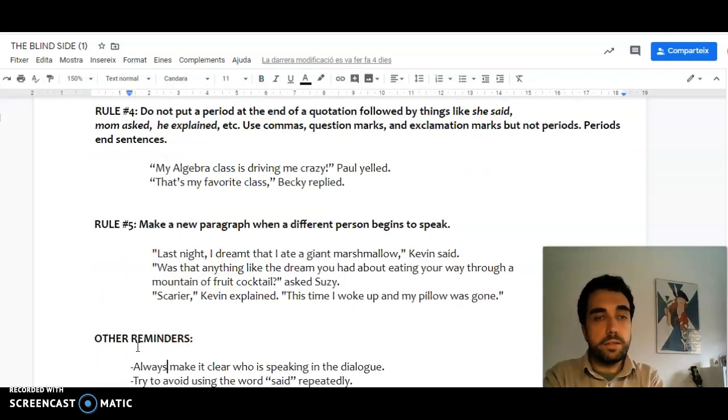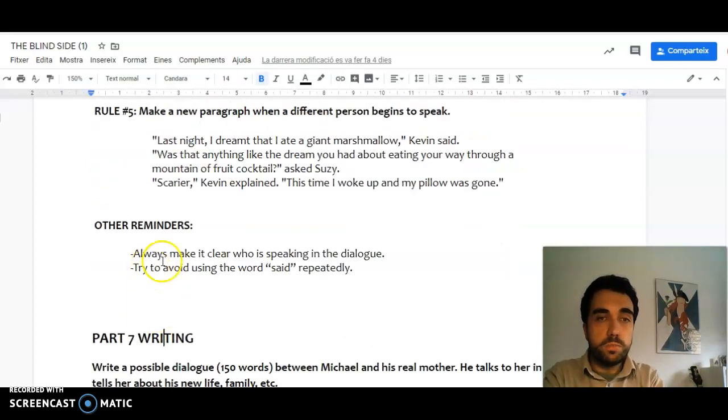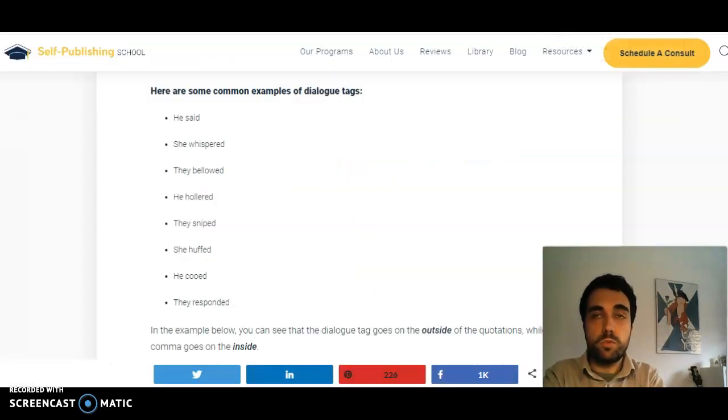Okay, another reminder. Always make it clear who is speaking in a dialogue, yes? And try to avoid using the word "said" repeatedly. Which alternatives do we have to say "said" all the time? Well, we've got some, for example, whispered, hollered, sniffed, cooed, responded, explaining.